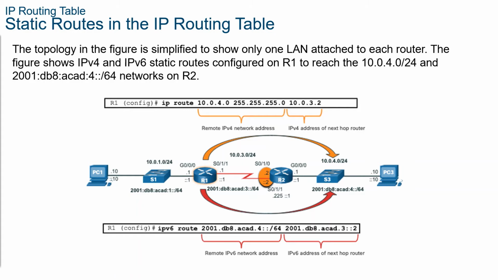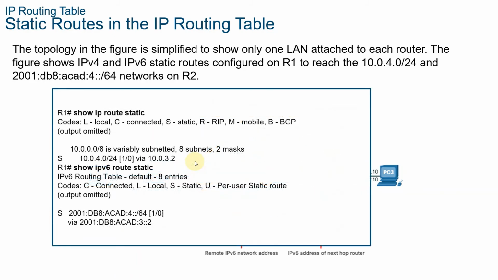Both entries also include the IP address of the next hop router. The static parameter at the end of the command displays only static routes. So you've got S for both IPv4 and IPv6, you've got the destination network, and then you've got the next hop there.